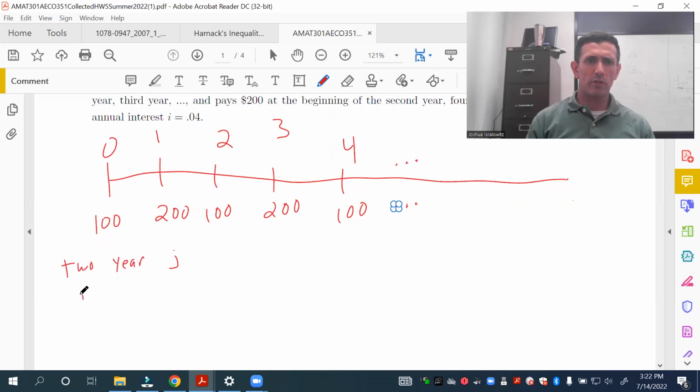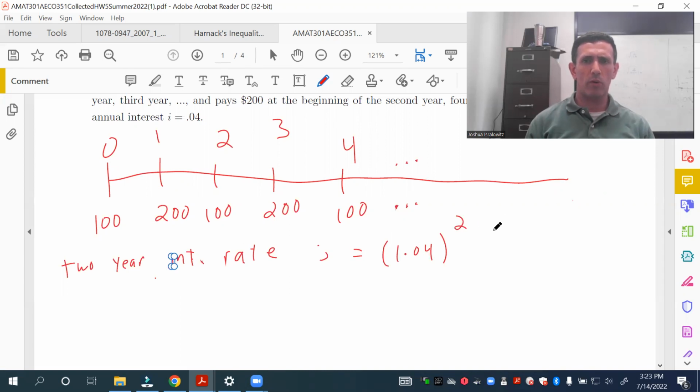Let's get the 2-year interest rate. Call it J. To get 2 years of growth, you just compound 4% growth twice.